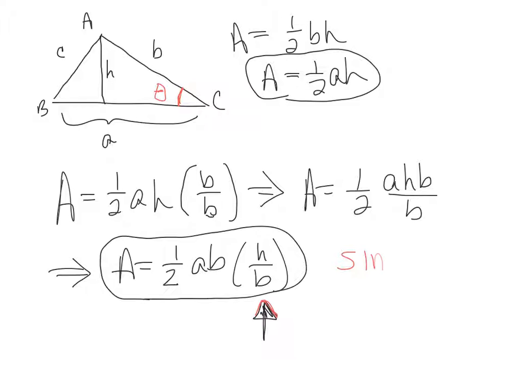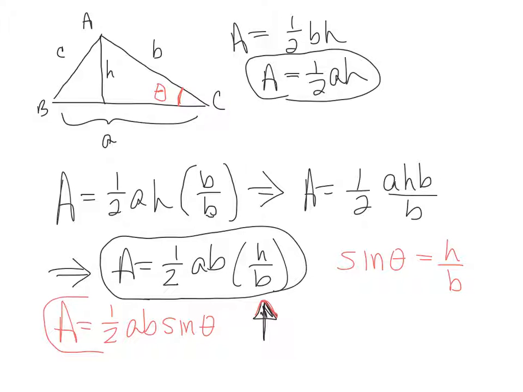Well, sine of theta equals H over B, doesn't it? That's pretty cool. So we can actually rewrite this area equation as 1/2 AB sine theta. Crazy, I know. You might want to highlight that or write it down somewhere and circle it and star it.